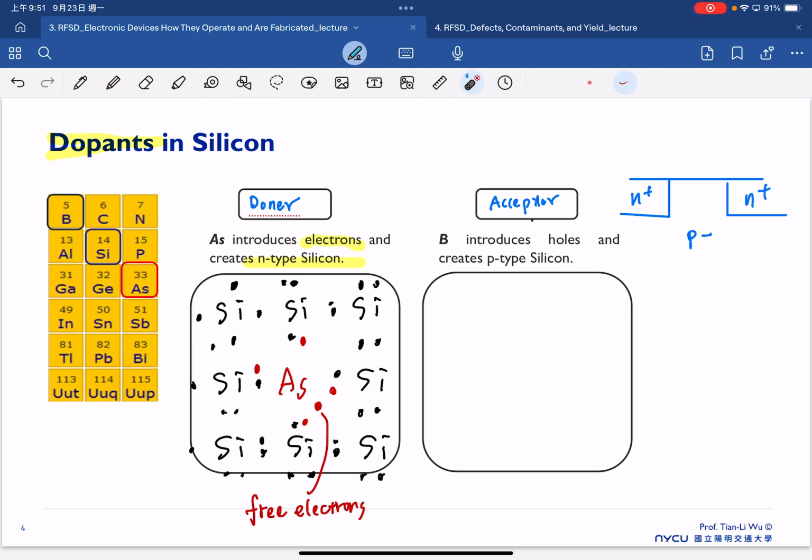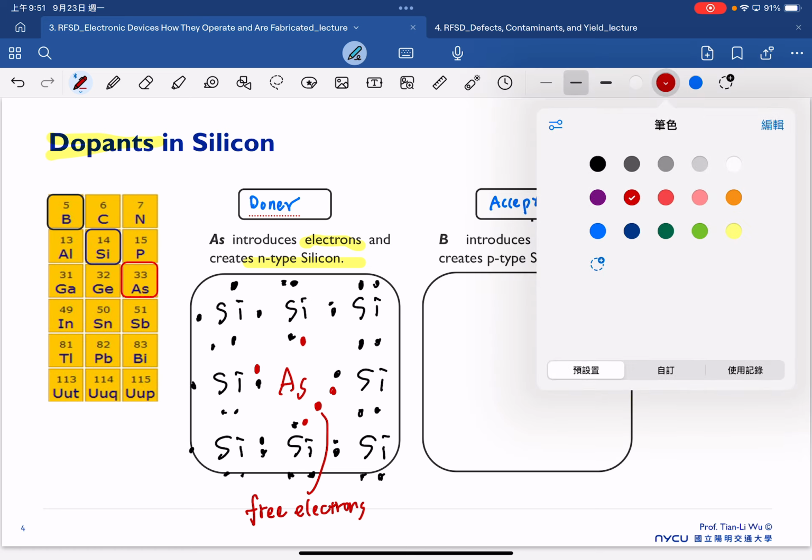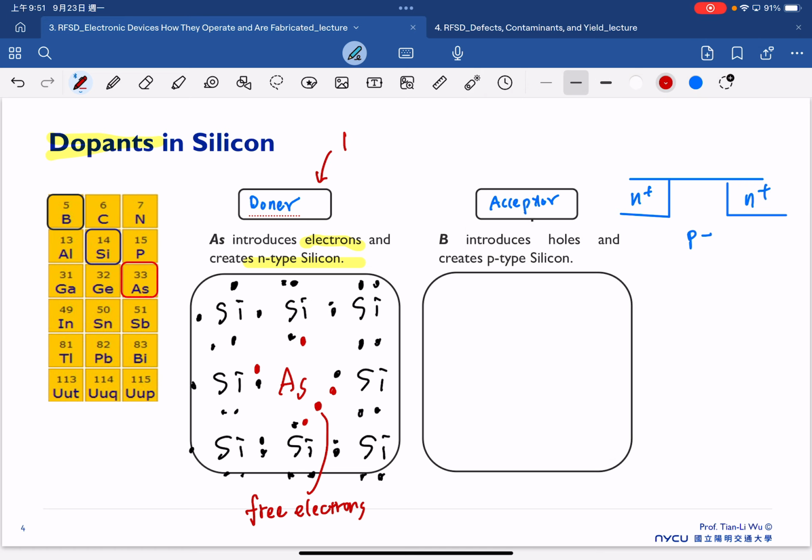The donor's name actually comes from donate. I think everyone should be very familiar with the meaning of donate. That means you give somebody something. So the donor also means a type of species that donates additional electrons.